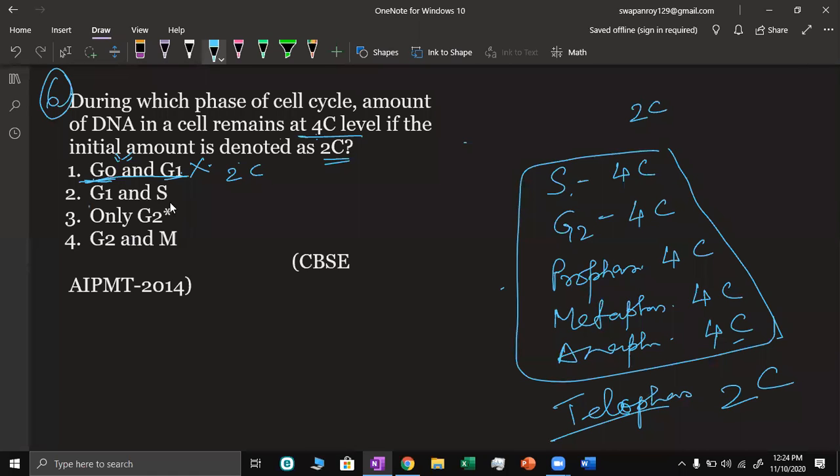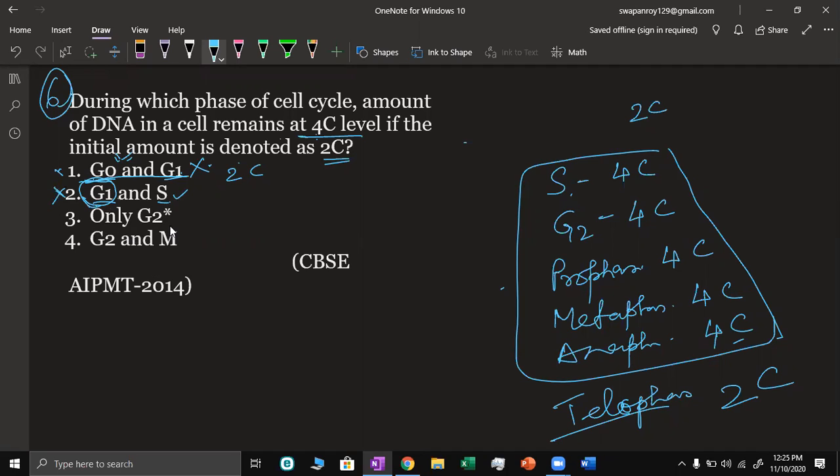G1 and S phase. See, here G1 is also written and S is also written. In the S phase it will become 4C, but at G1 it will not. So this answer also we cannot say. This is not correct.